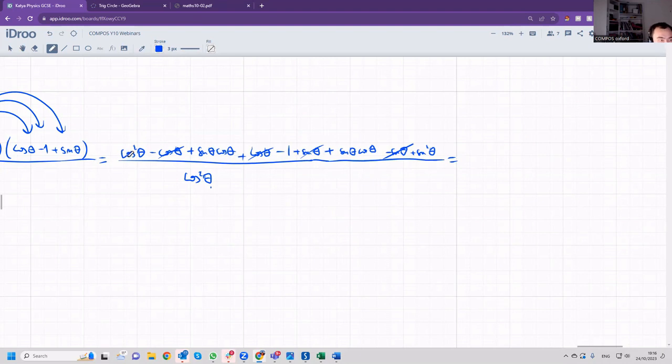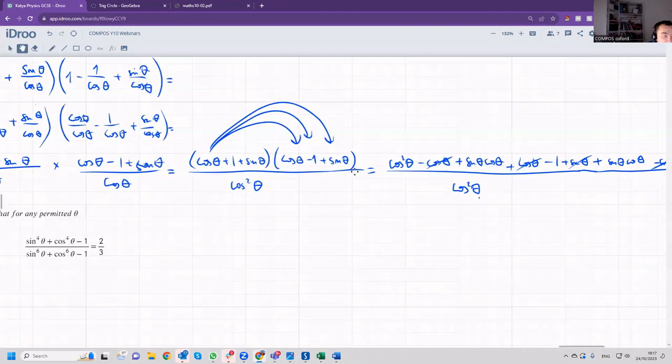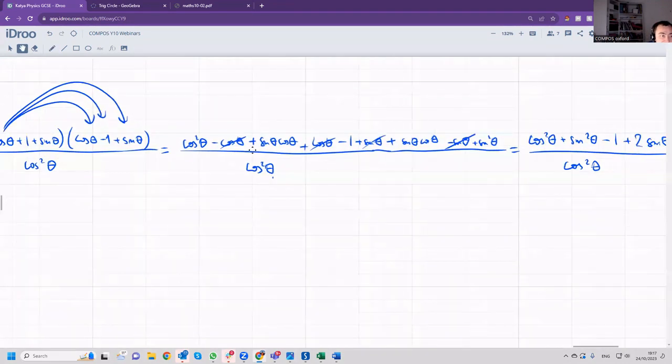We have cos squared theta plus sine squared theta minus 1 plus 2 sine theta cos theta, divided by cos squared theta. So I've just expanded the brackets and simplified.